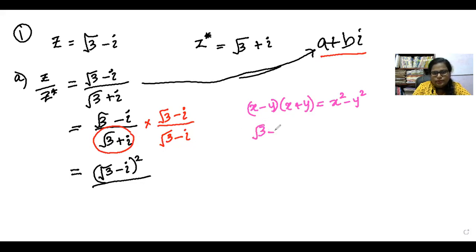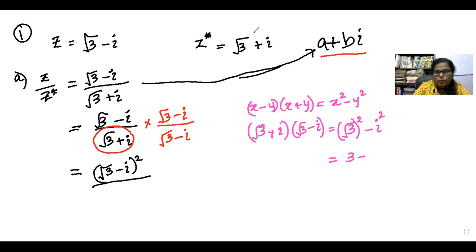That means (square root 3 + i)(square root 3 - i). That means you have to use the square term of this first term. That means square root 3 squared minus i squared, right? So you can see here, square root 3 to the power 2 is 3, and you know that i squared is the main concept of this complex number.